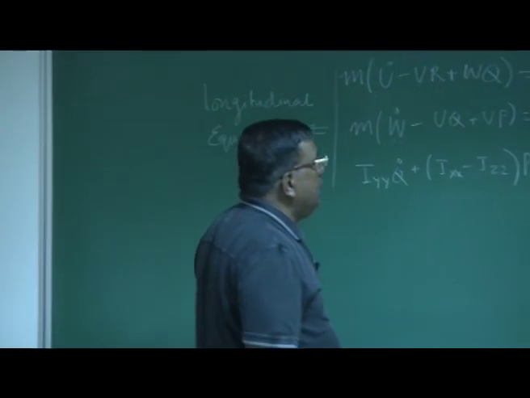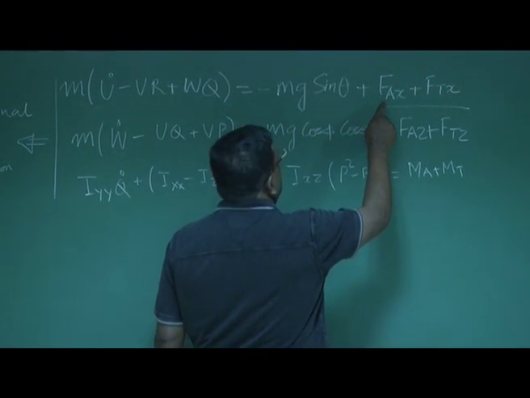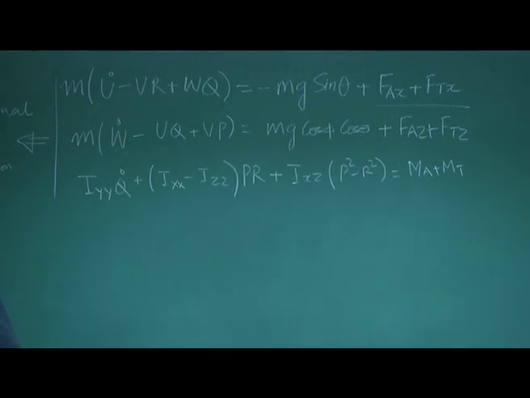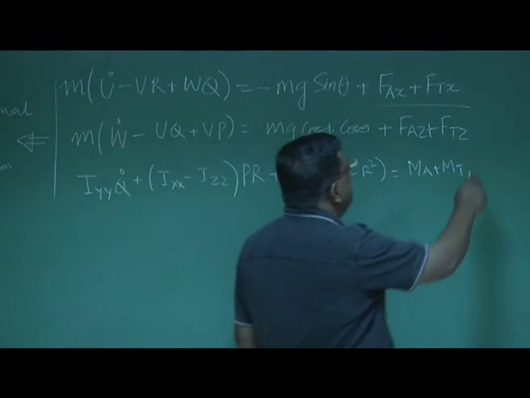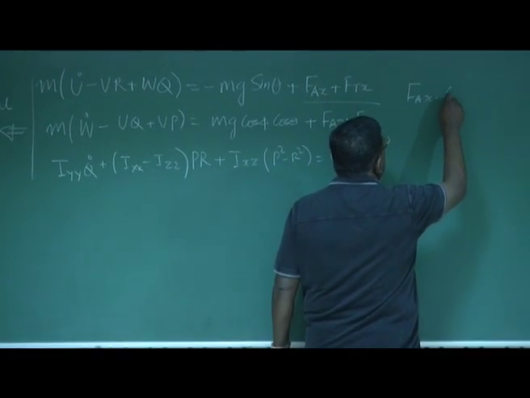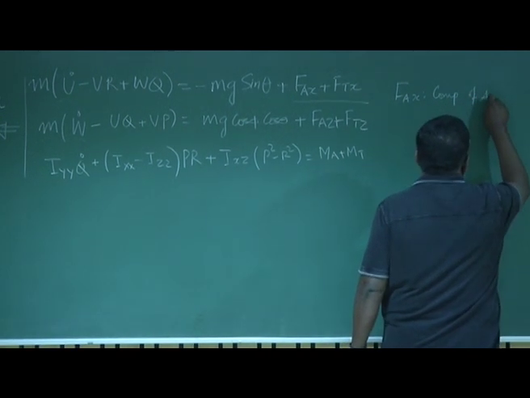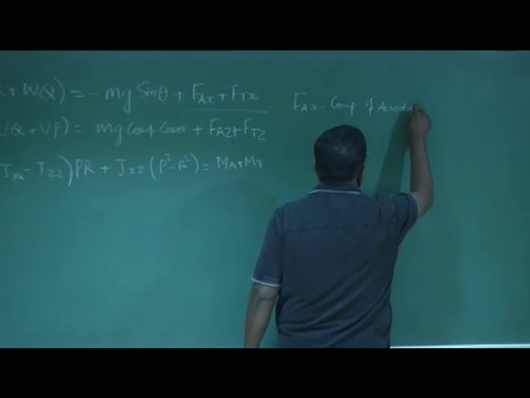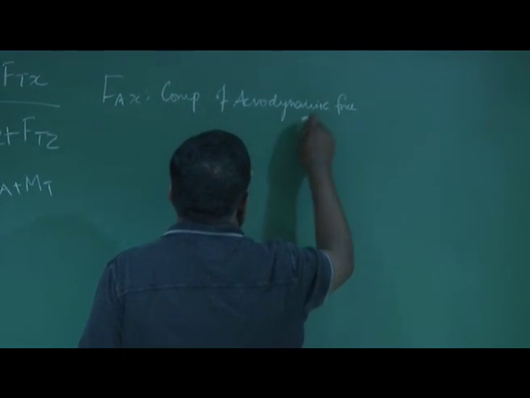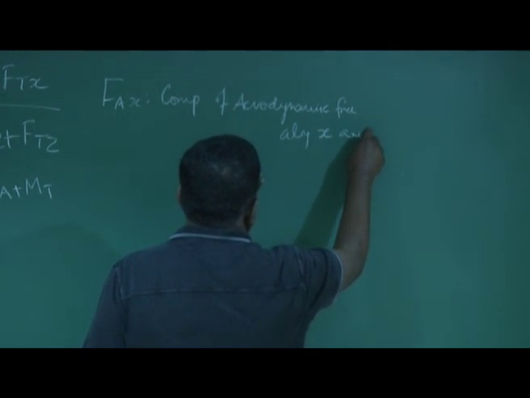Now here, when I have written forces along x direction or along u direction, that is FAX, A means aerodynamic forces. So FAX, I mean component of aerodynamic forces along body fixed x-axis, right?